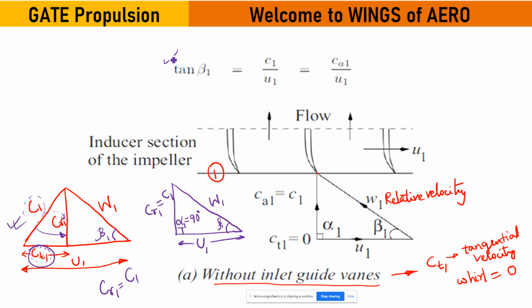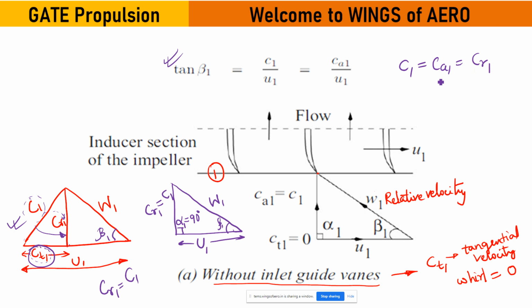Here you see the expression has already been given, tan beta 1. Tan means height by base, right? So the height is C1 by U1, which can also equal CA1 by U1, because C1 is equal to CA1 or CR1.